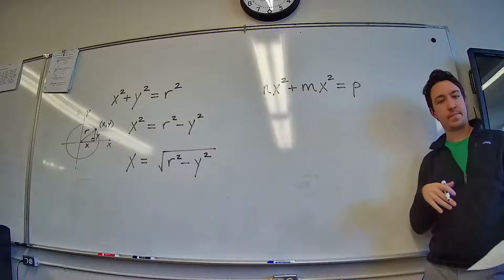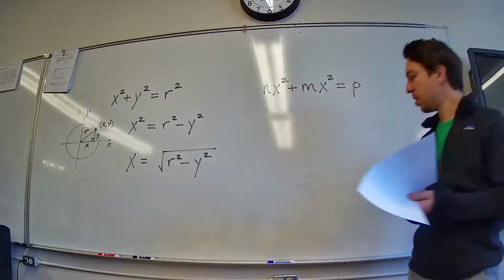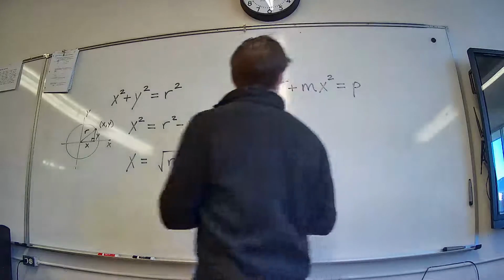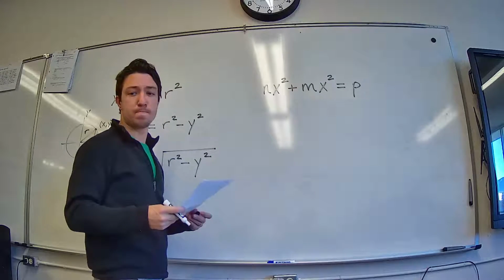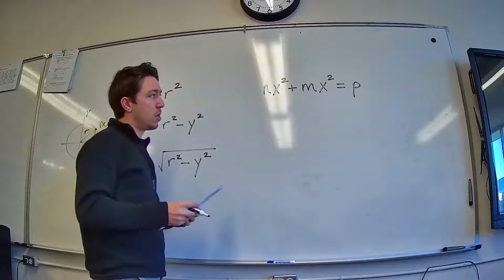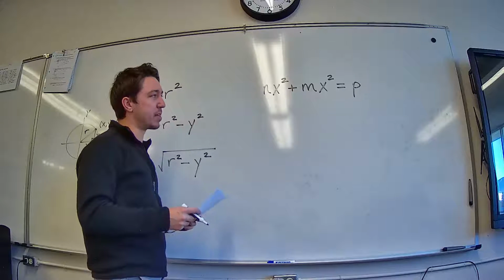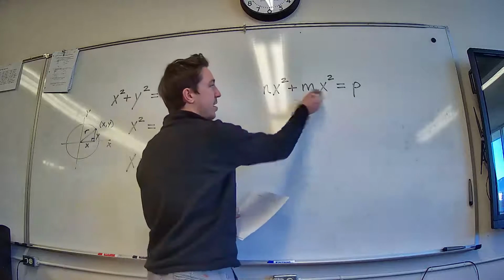X shows up twice, right? So the X is showing up two different times. So what do I do? You could divide both sides by x squared, and that would actually achieve the goal. I'm thinking that maybe a little bit simpler than that would be just to factor out the x squared.